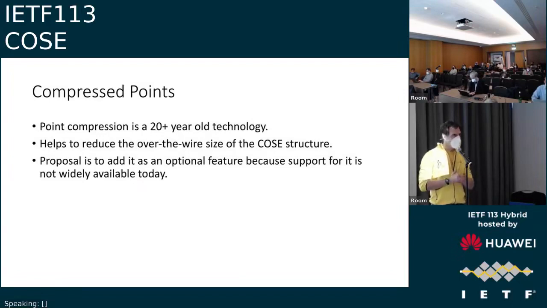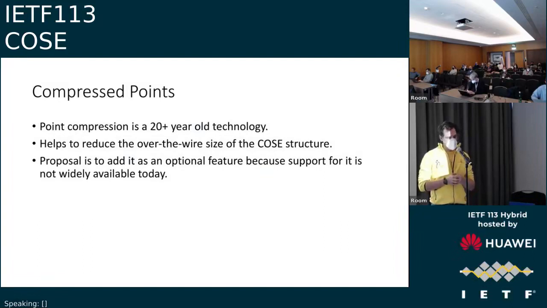So this is about point compression. Currently, the previously shown example with the ephemeral public key that was included in the structure in the recipient layer is an uncompressed point, and point compression would obviously help to transmit fewer bytes on the wire.